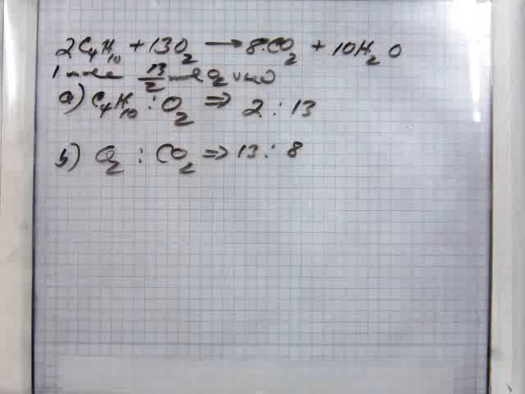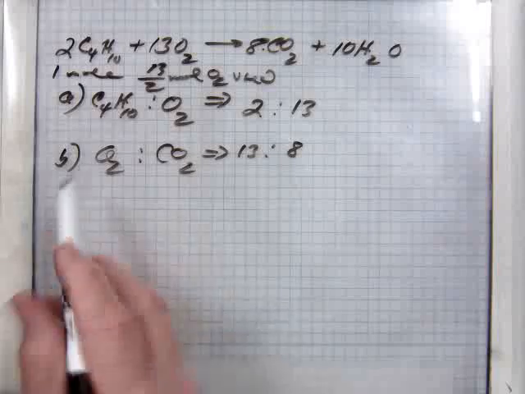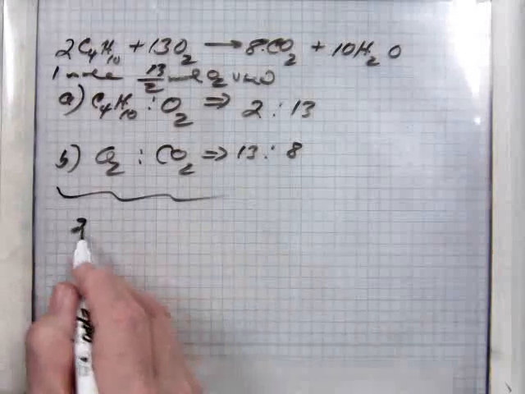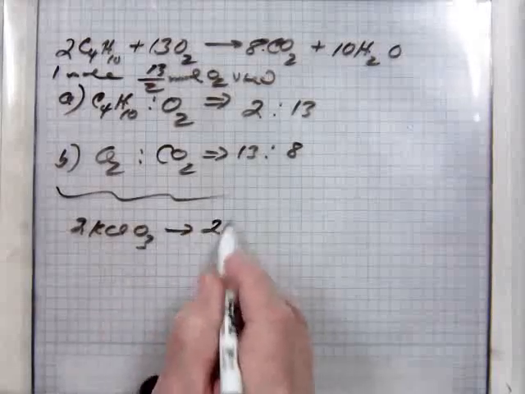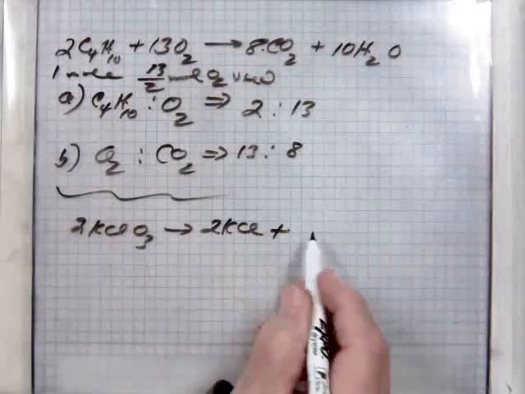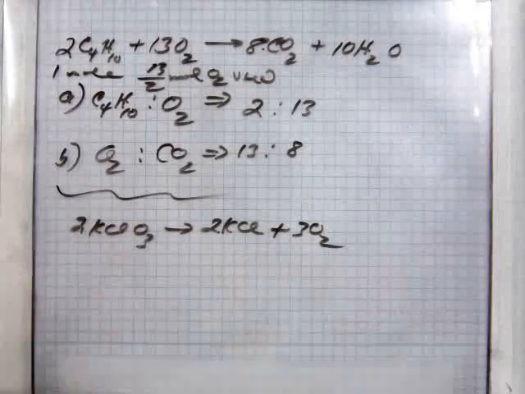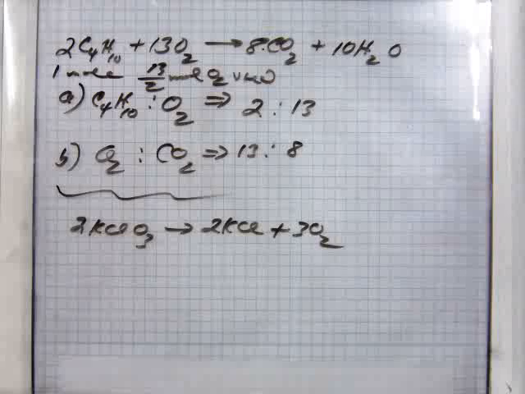Since they're given the following equation, 2KClO3 goes to 2KCl plus 3O2. We'll play with this a while. How many moles of O2 can be produced by letting 12 moles of KClO3 decompose? That's a decomposition.